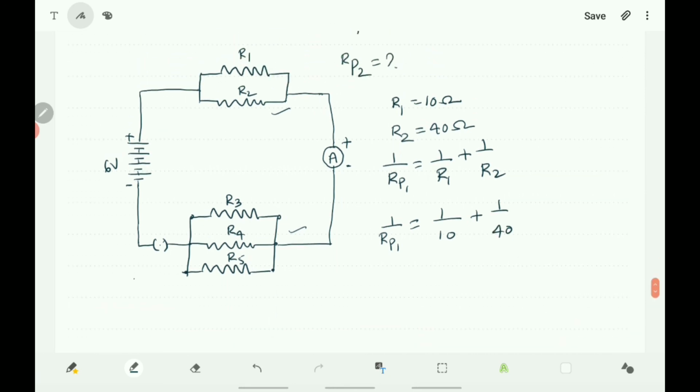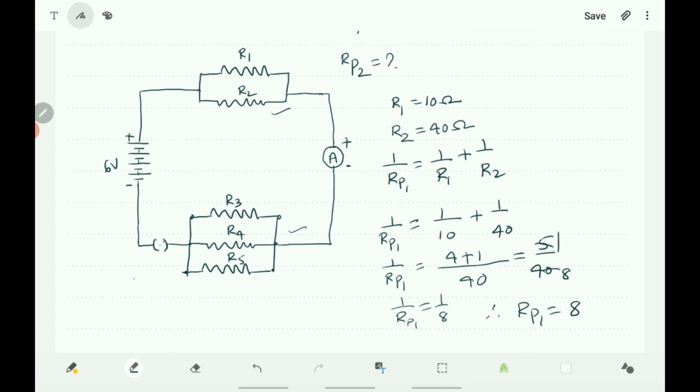The LCM is 40, so it is 4 plus 1, which gives 5 by 40. That is 5 1s are 5, 5 8s are 40, so 1 by Rp1 is equal to 1 by 8. Therefore Rp1 is equal to 8 ohm.